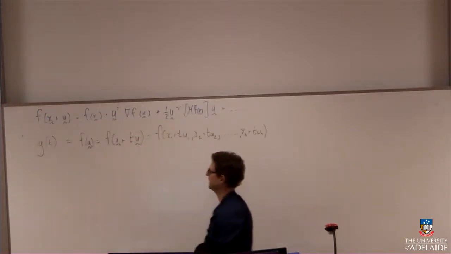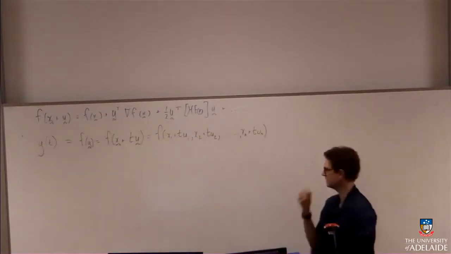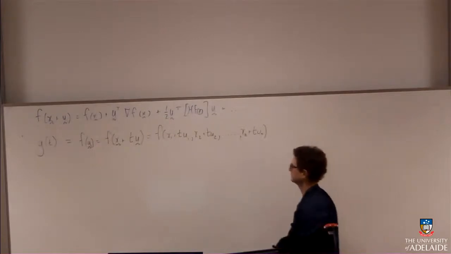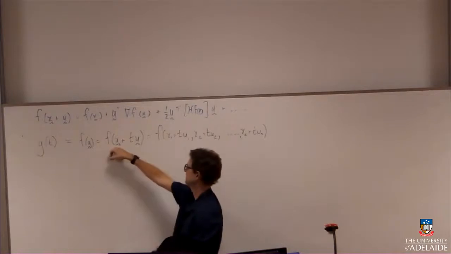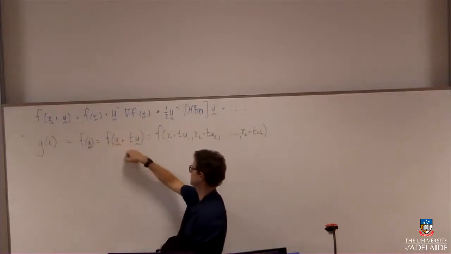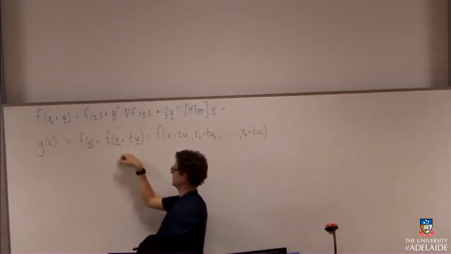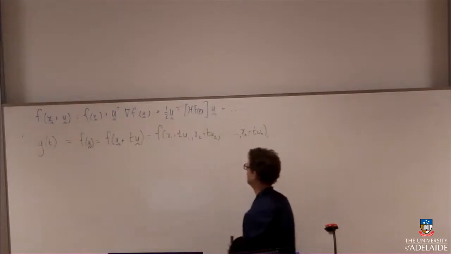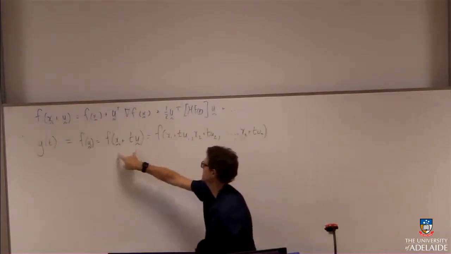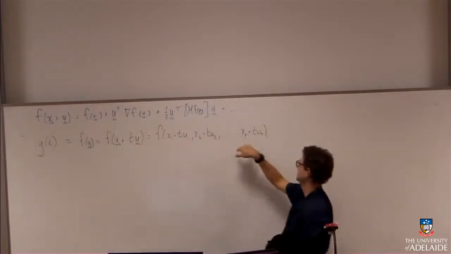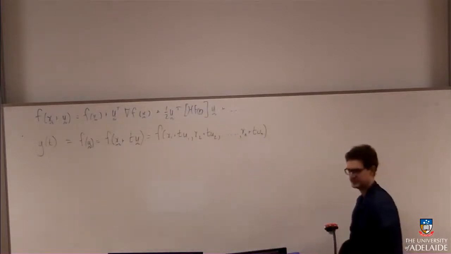And so we'll call that g of t. That's a new one-variable function of t. And if I take f as a function of a vector, x plus tu, which I'll call y, then that means it's a function of x1 plus tu1, so the first element of that, the second element of that, the third element of that, etc.